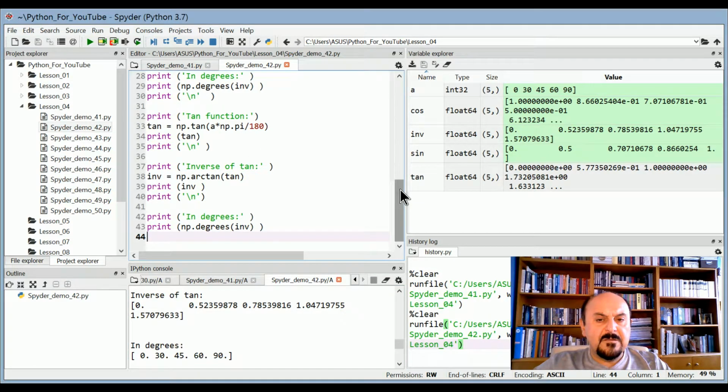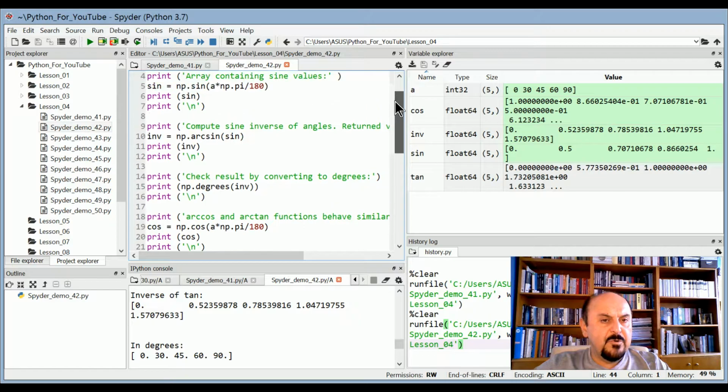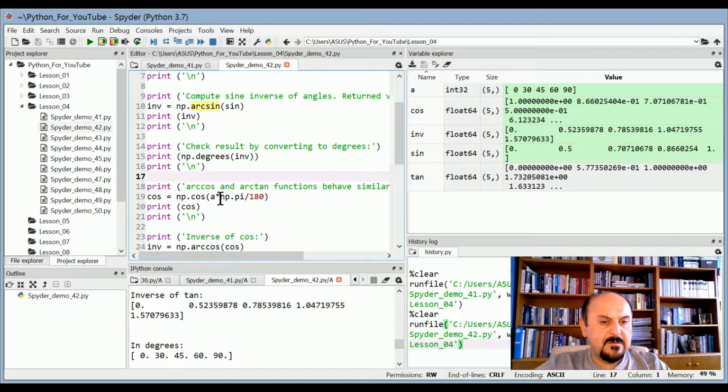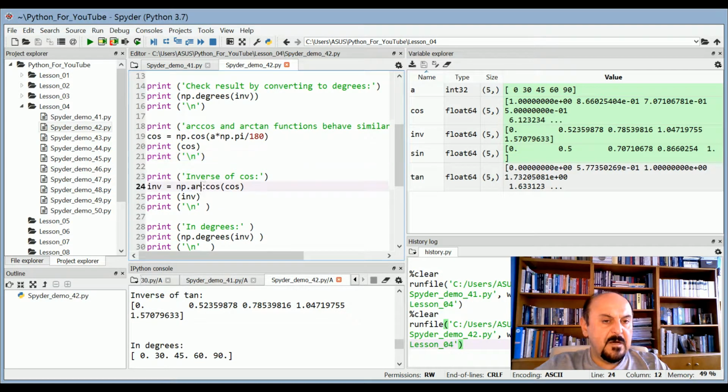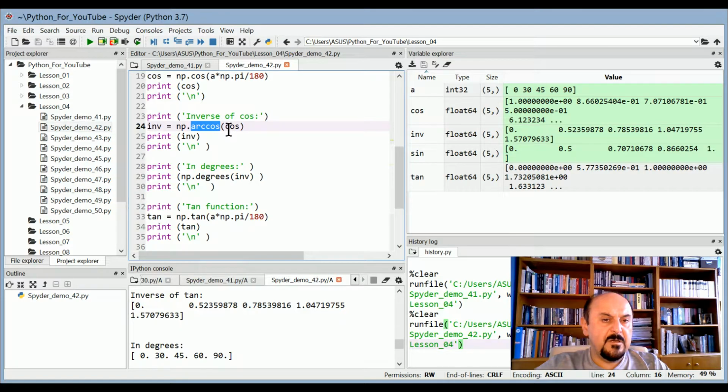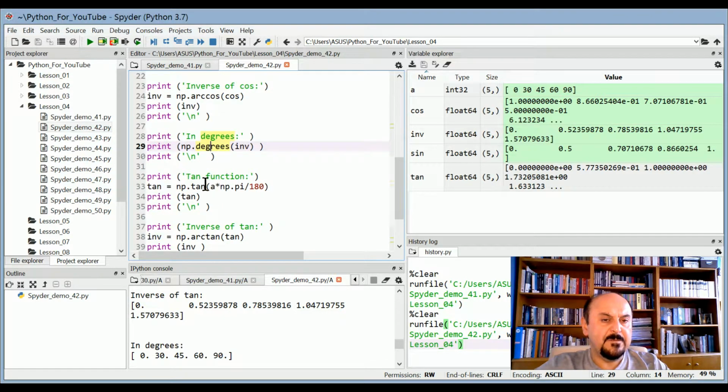Once again, I must repeat, we can use ready functions such as sine and arcsine, in order to convert to degrees, or manually we can multiply so as to get radians. Arccos gives the numeric value of cosine, so we get degrees, and to convert it to degrees, a degrees function.